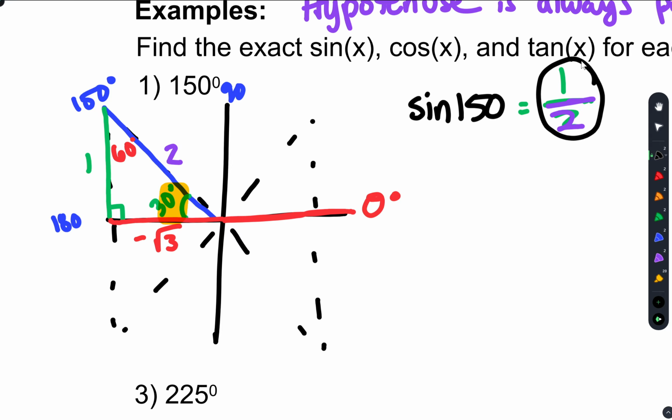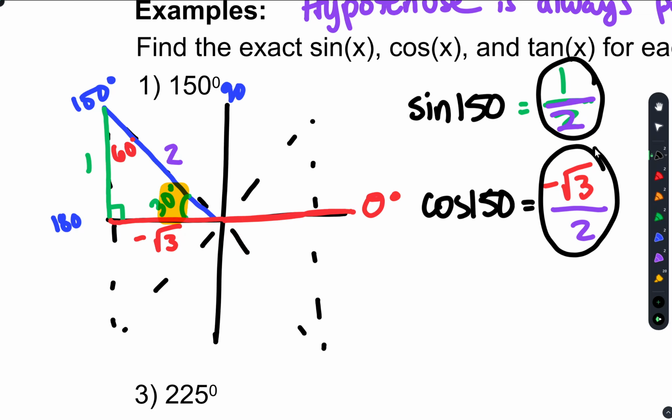Everybody with me still? Let's do cosine. We know cosine is adjacent over hypotenuse, so I'm going to look at the adjacent side to 30. The adjacent side is negative radical 3, and the hypotenuse is 2. So cosine of 150 is negative radical 3 over 2. And then the last one is tangent.